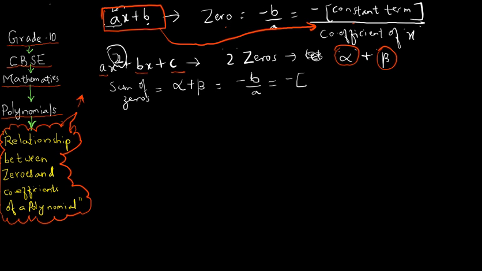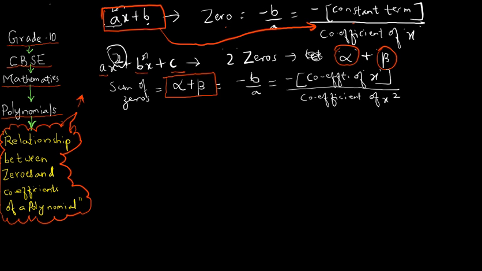That is, b being the coefficient of x, minus the coefficient of x by a, which is nothing but the coefficient of x squared. So my sum of roots for a quadratic equation is nothing but negative times the coefficient of x by the coefficient of x squared.